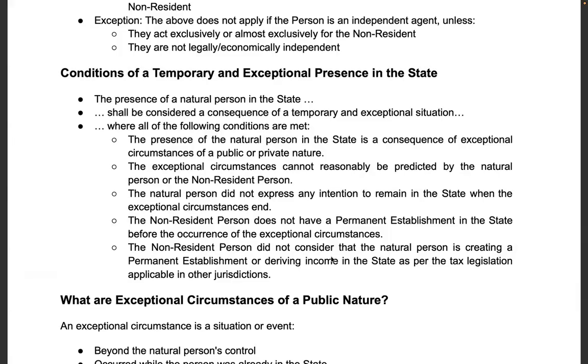So that company did not know that their agent, for example, is deriving income in the state as per the tax legislation applicable in the other jurisdiction. If a non-resident person's dependent agent is here in the UAE, and that non-resident person is not even aware of it.